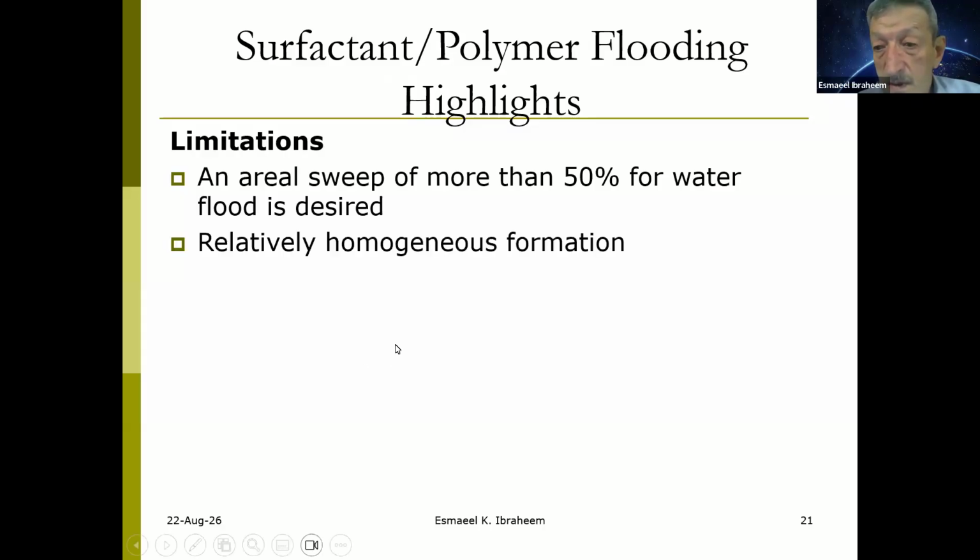So it requires a wider area and wider fields in order to be effective. And another limitation is that it needs relatively homogeneous formations. Who can find a homogeneous formation in the globe? Maybe it is very rare to have homogeneous formations.